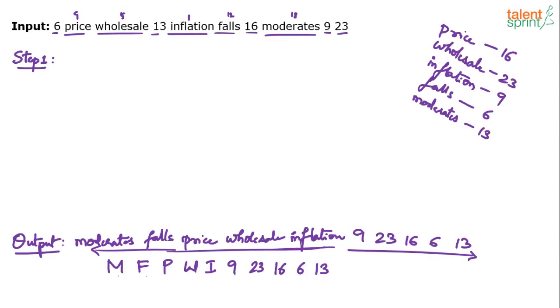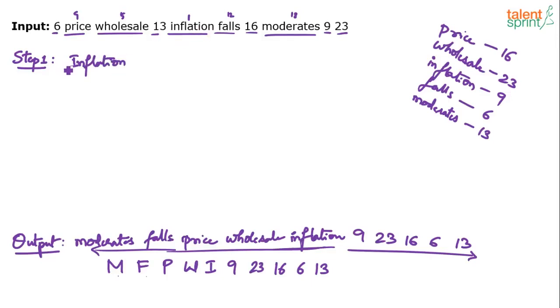So let me start. In the first step, what do we do? We'll move inflation. Inflation should be taken in the first step, so that finally it comes in the centermost position, because every time you keep pushing inflation inside. Let me write the full word in case: inflation. So inflation is moved here.